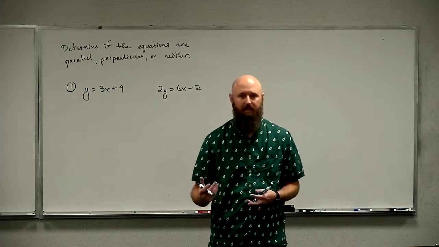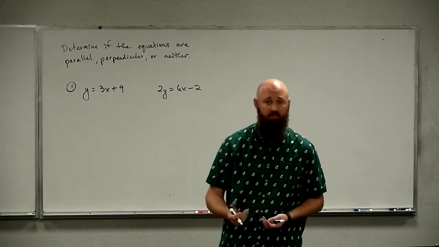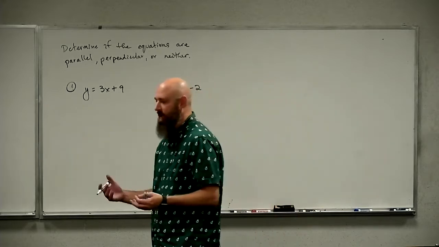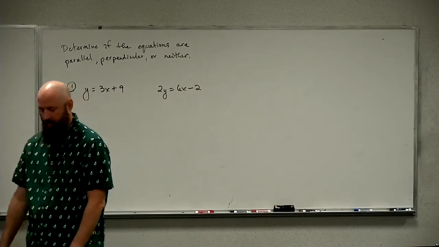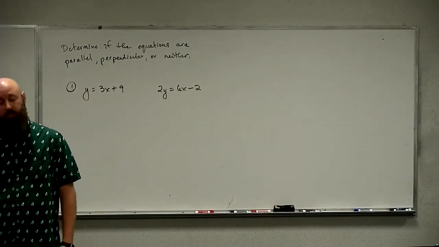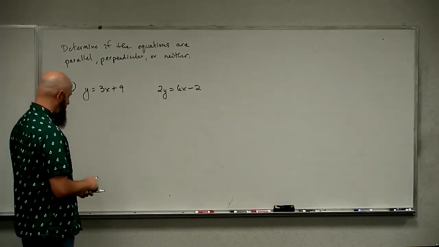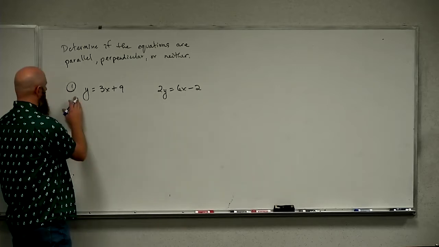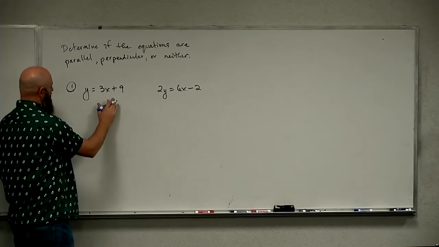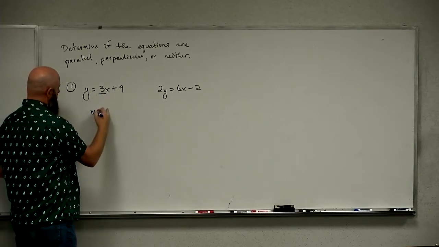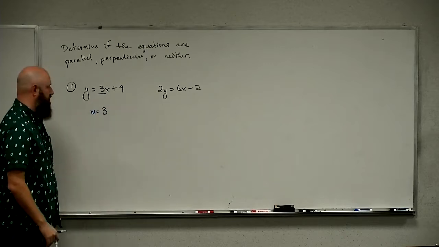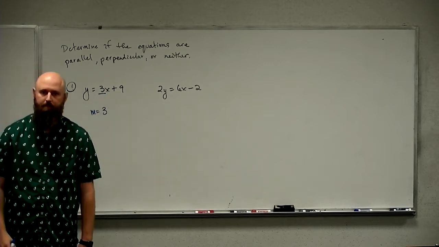We may even have to pick out the slope and write it down. That's basically the question. It may be a yes or no, it may be actually writing in some information, and then telling for those. So here our first one, our y is already by itself, so we know the slope. Our slope is 3.